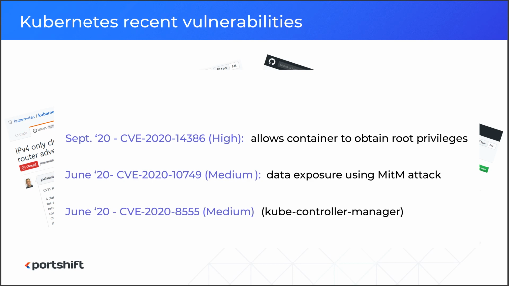I think the big public disclosure came from Google Cloud, about CVE-2020-14386. This vulnerability allows regular containers to obtain root privileges if they successfully exploit this memory corruption.